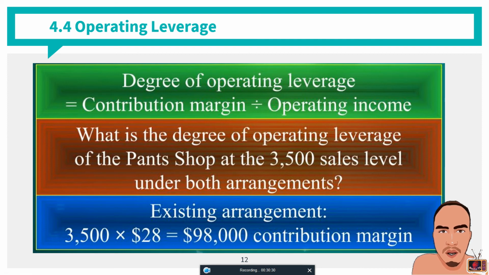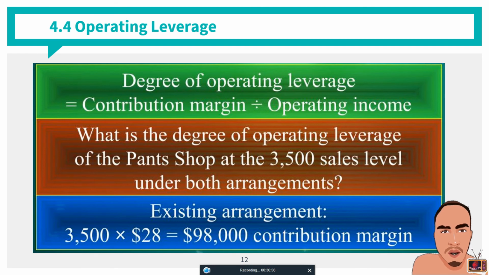To further understand operating leverage, the degree of operating leverage is equal to the contribution margin divided by the operating income. So, based on our problem, what is the degree of operating leverage of the pawn shop at 3,500 sales level under both arrangements?